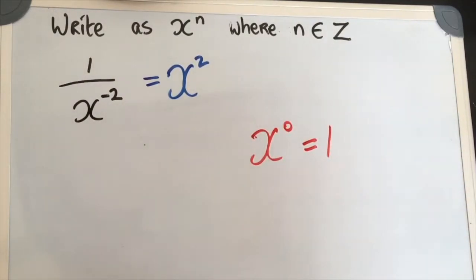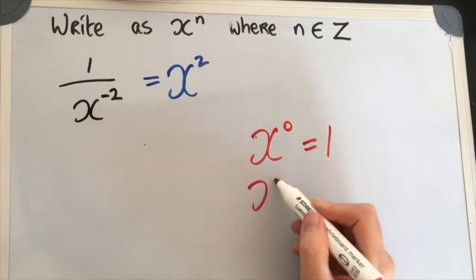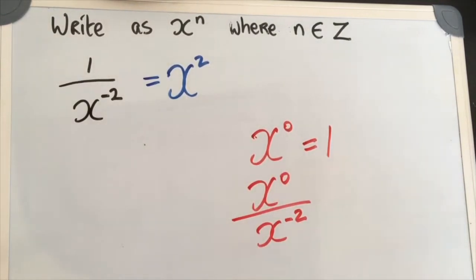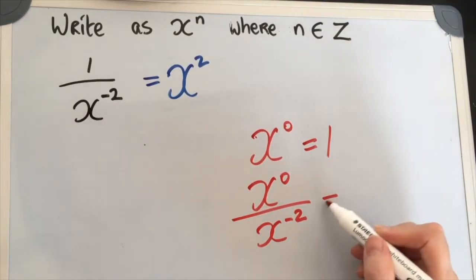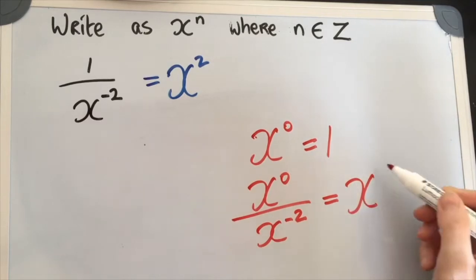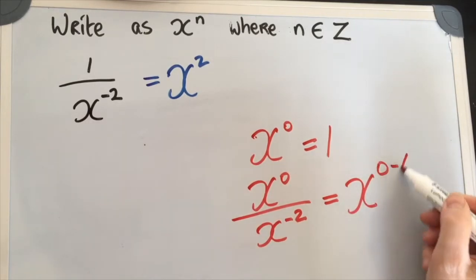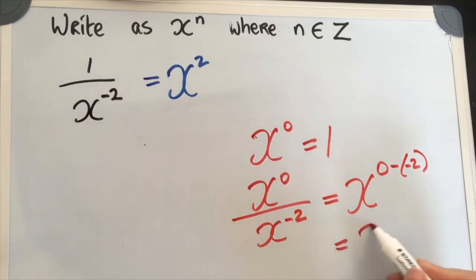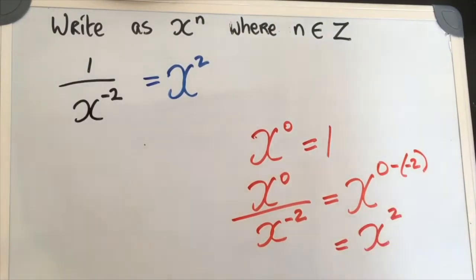So I'm going to rewrite that 1 as x to the power of 0. The bases are both x. So I'm dividing, so I subtract my powers. So it's x to the power of 0 minus minus 2, which is x to the power of plus 2.